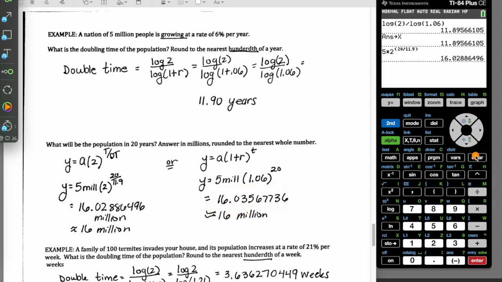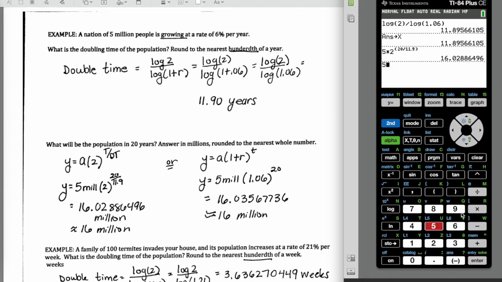So watch, if I put in, instead of putting in 11.9, all the digits and I don't round it, I should get the same thing. So I'm going to do 5 times 2 to the power of 20 divided by, now remember I saved all of those digits in x.